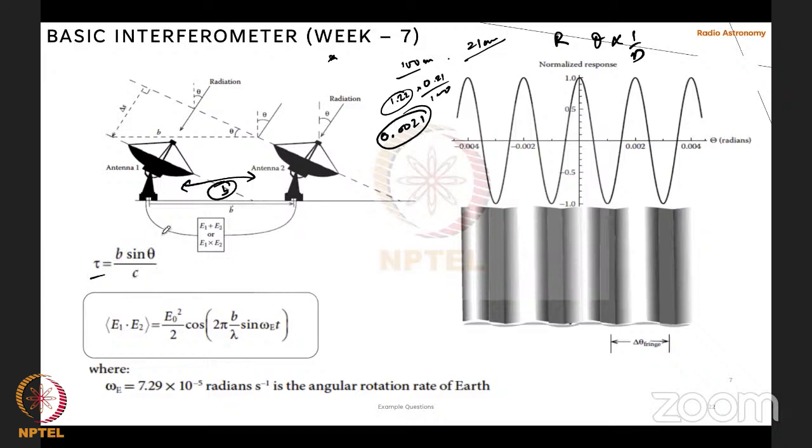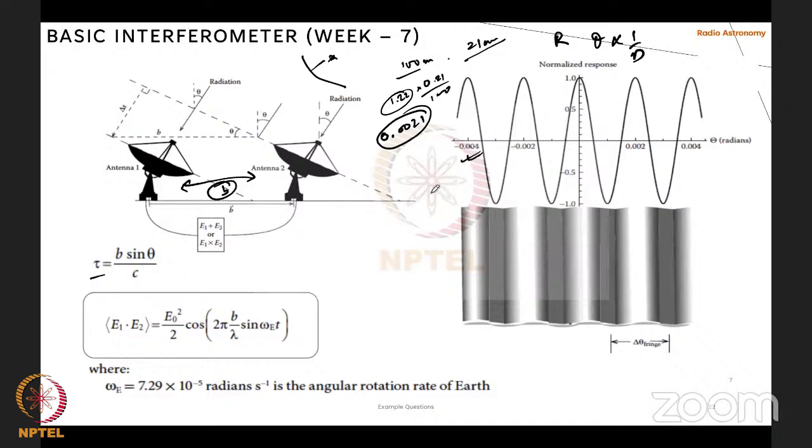Now, because of this and the principle of Young's double slit experiment, you will see that this causes a kind of sinusoidal wave. If there is a coherent, single source out there, when you correlate these two, you will find a sinusoidal signal.